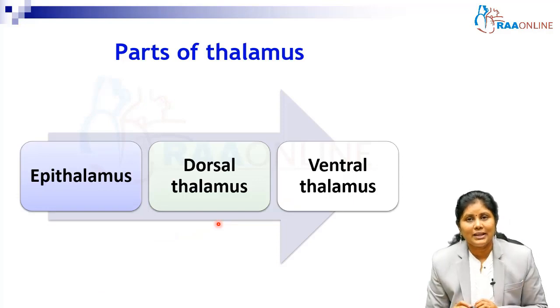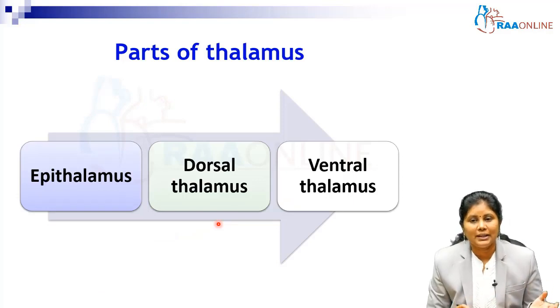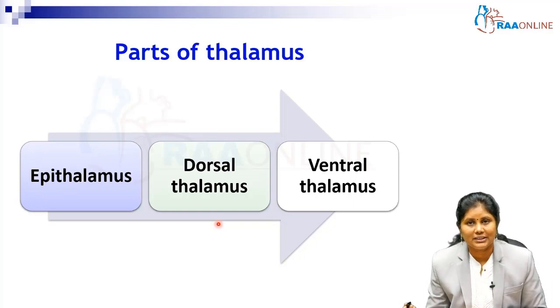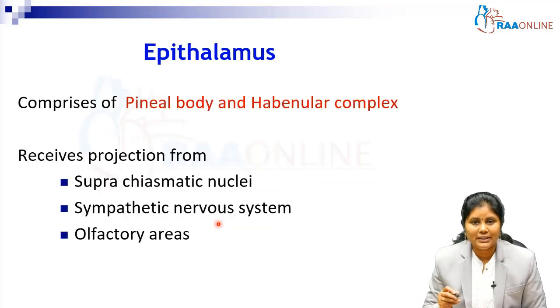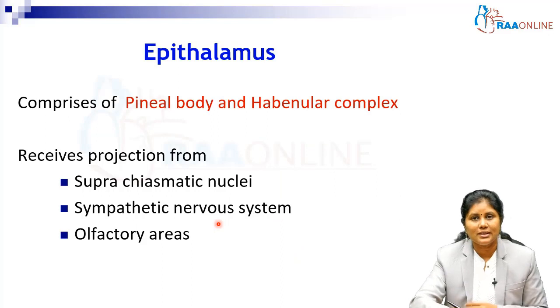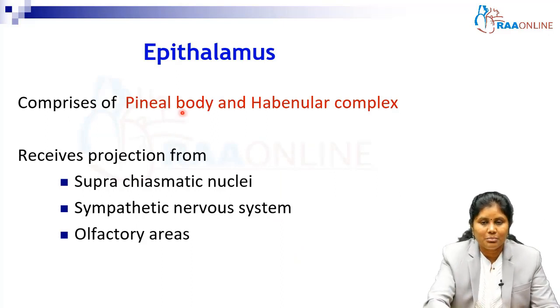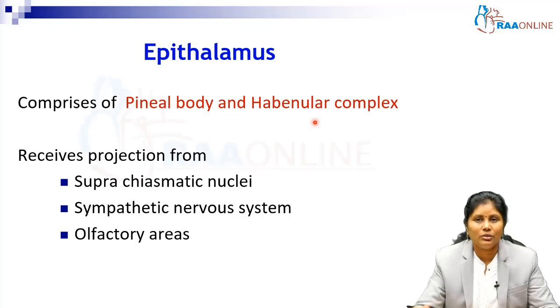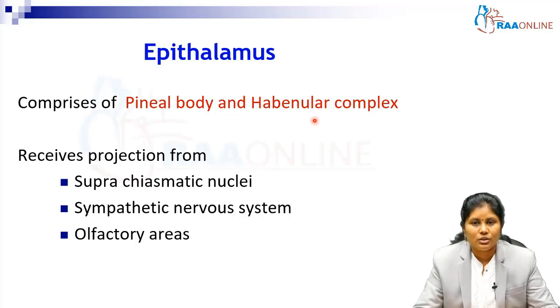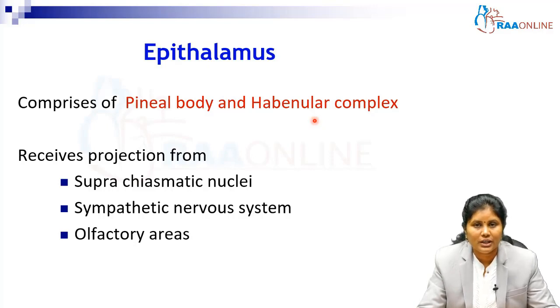So we divide the thalamus into 3 parts: epithalamus, dorsal thalamus, ventral thalamus. Epithalamus is nothing but the structures related to the thalamus just above the thalamus. They are the pineal body and habenular complex. The pineal body receives its projections from the suprachiasmatic nucleus. The suprachiasmatic nucleus is responsible for the maintenance of the circadian rhythm of our body, the biological clock.